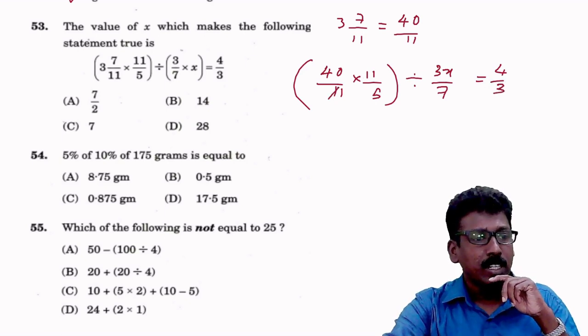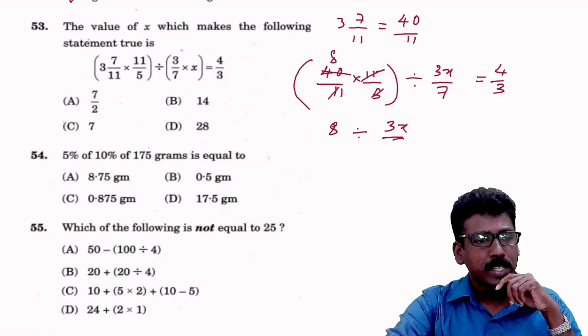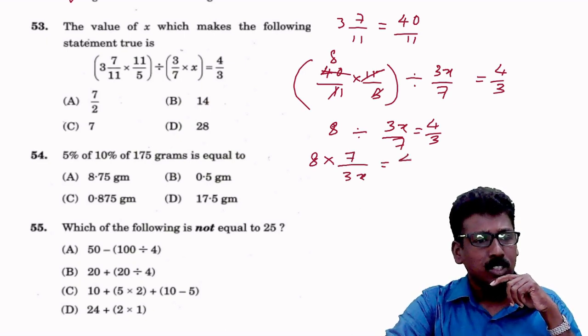So here 11, 11 cancel, 5 8s are 8, divided by 3x by 7 is equal to 4 by 3. Now this one you can write as 8 into 7 by 3x is equal to 4 by 3.